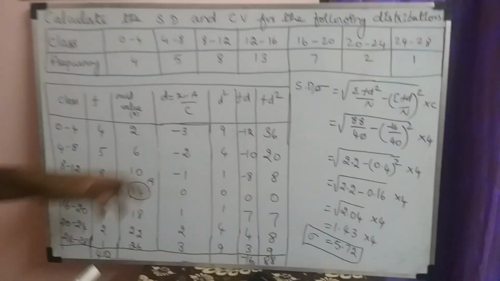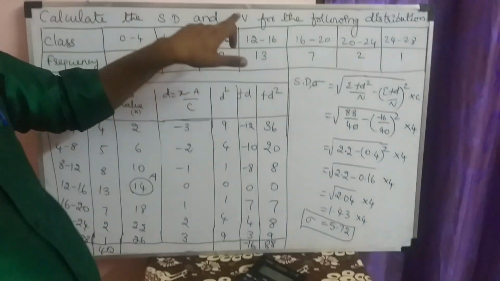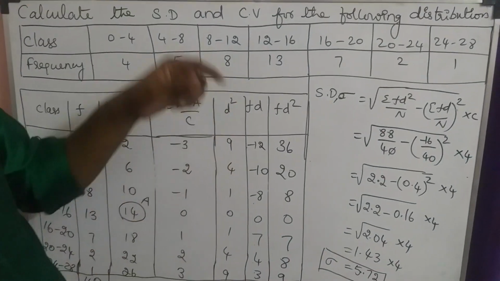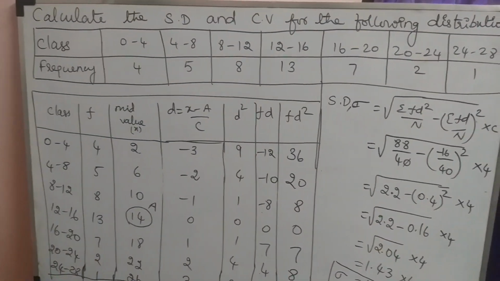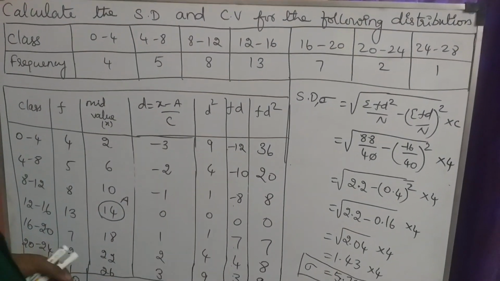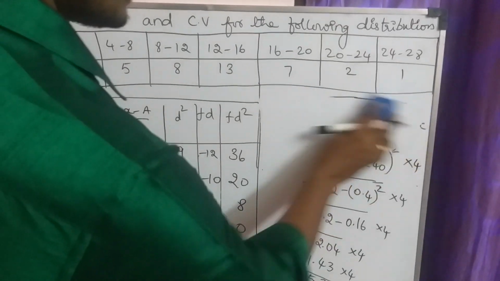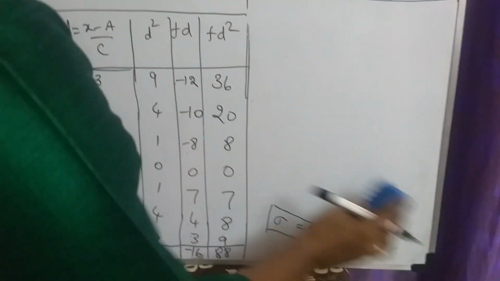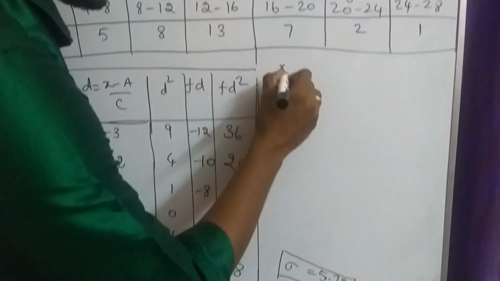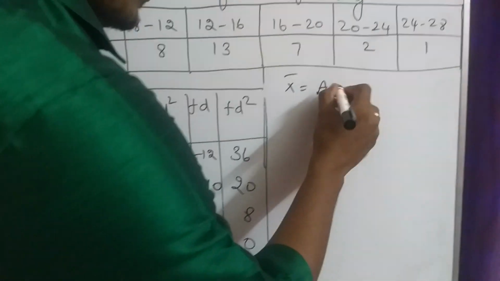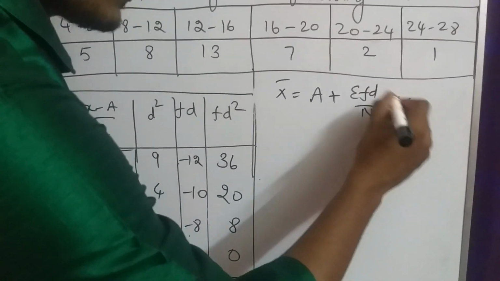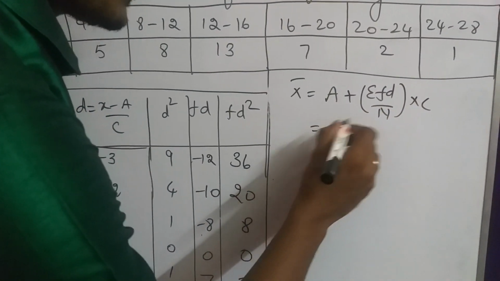We also calculate the CV. The CV is the standard deviation divided by the arithmetic mean, so first we calculate the mean. X bar is equal to A plus summation fd by N into C. This is the formula for the arithmetic mean of a continuous series.